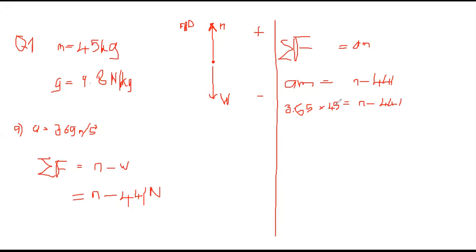441. So if we multiply this and take this 441 to the other side, what we actually get is N is equal to 441 plus whatever value you get after multiplying those two guys there, which is 164.25. Hope someone with a calculator confirms that this is the value they get as well.